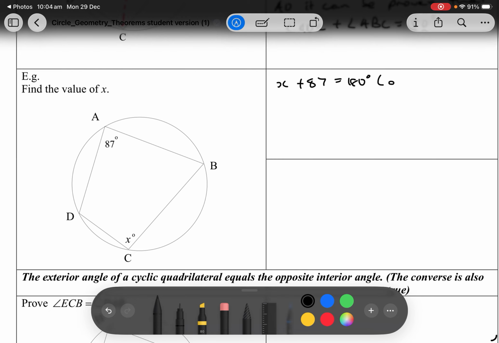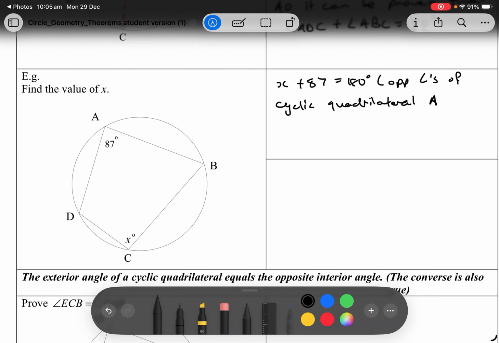We know that because opposite angles of cyclic quadrilateral, I'll say ABCD, are supplementary. Therefore, X equals 93 degrees.